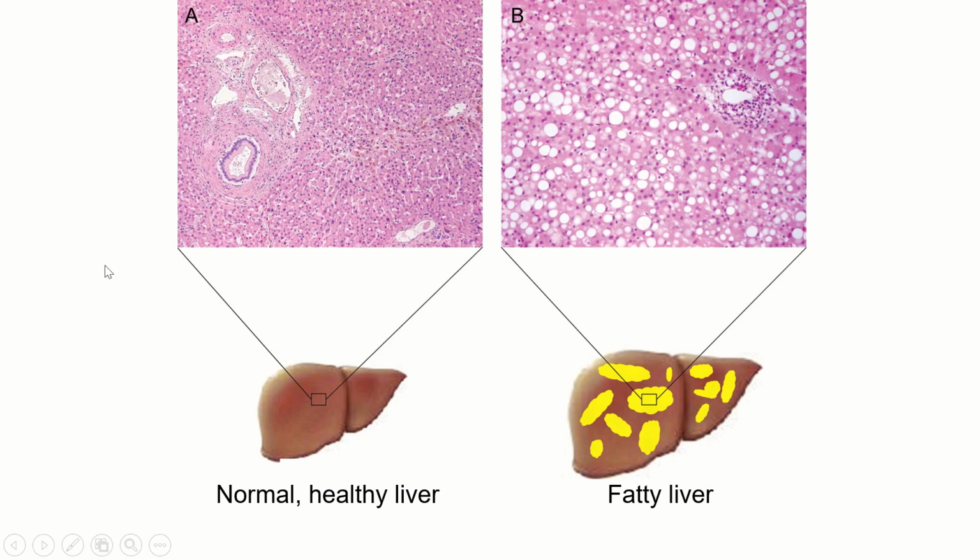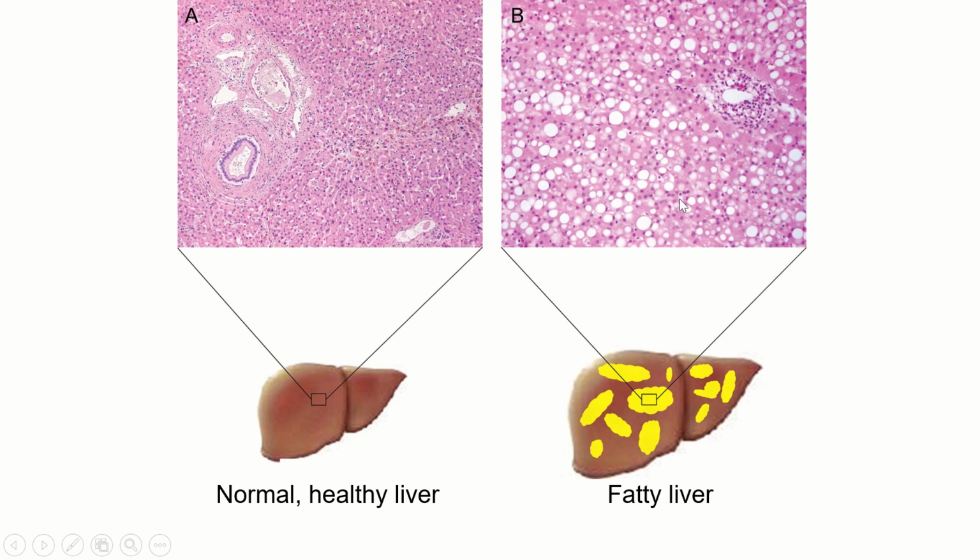So again, here's a normal healthy liver. Here's a portal triad, of course. You can see that. And you can see all of these little channels and the hepatocytes nicely packed together. And around the hepatocytes, right up against all of the sinusoids and canaliculi.